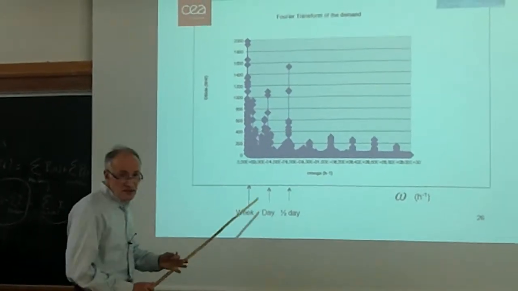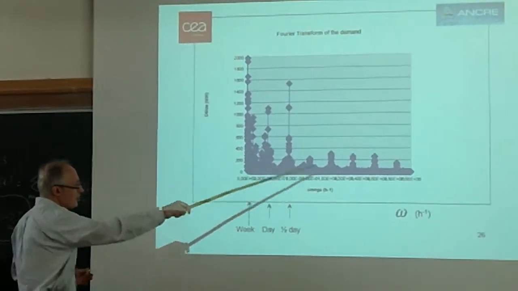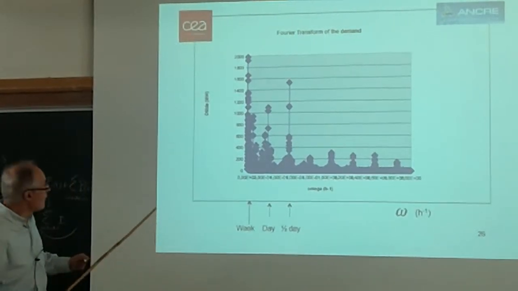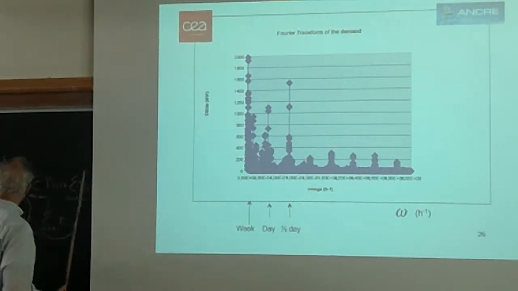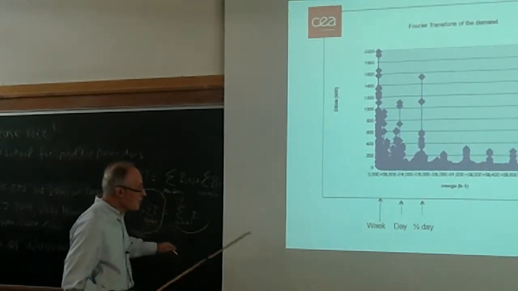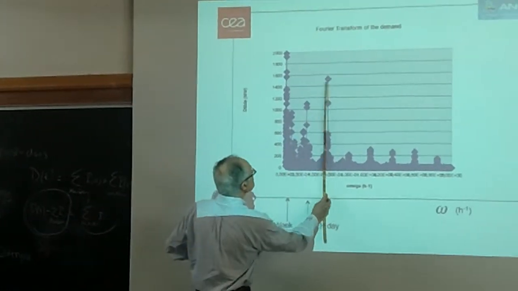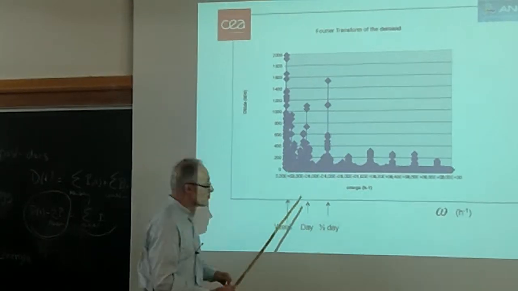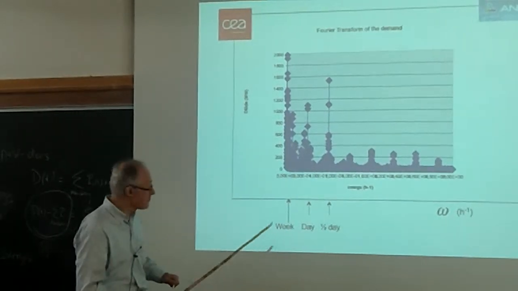Okay, this is, for instance, an example of the Fourier transform of the demand. Not the total amount here, but only the demand, where you see nice peaks at the diurnal frequencies.